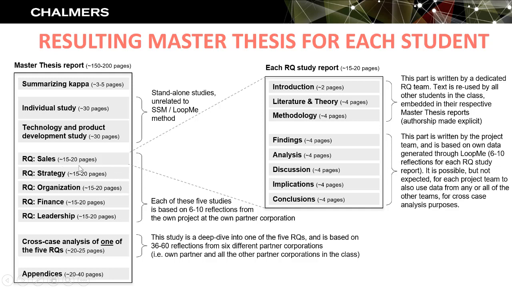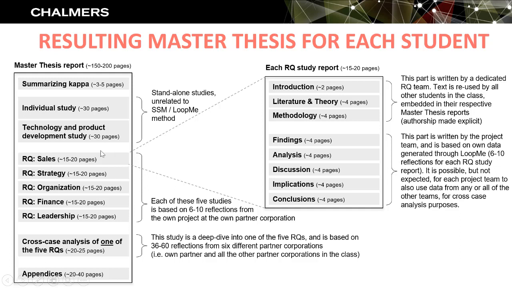Each of these articles goes through one of the 5 perspectives in a 15 to 20 pages long report. And then comes the cross-case analysis of one of the 5 research questions, which is much deeper and goes across all of the cases, all of the 6 companies that have been part of this study. And then we have some appendices in the bottom.